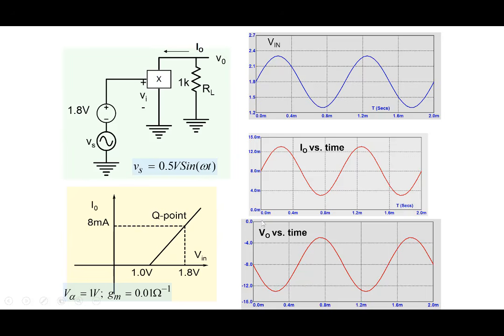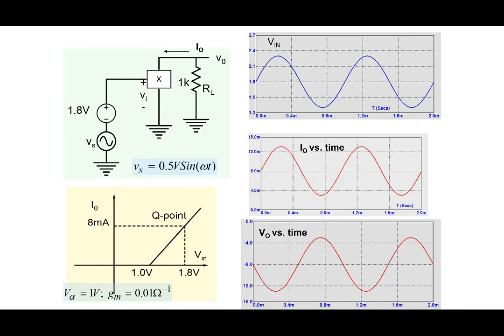Minus 8 volt is a DC voltage here, and minus 8 milliamperes is a DC current here. So there's power dissipated in RL, and that power is waste, right? That is a problem for us.